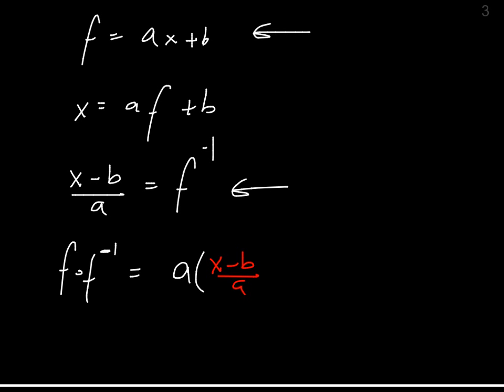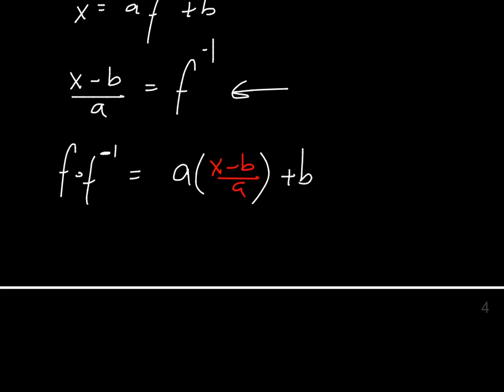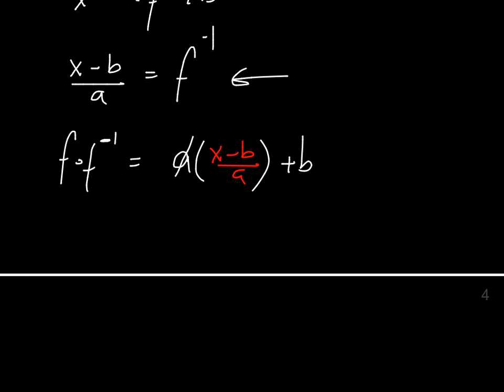Close my bracket, and then add b to finish my function over here. So what that does is the a and the a cancel. You're left with x minus b plus b. The b's cancel, and what you're left with is x. And what you see is, it doesn't matter what function you have, you will always end up with x when you compose something with its inverse.